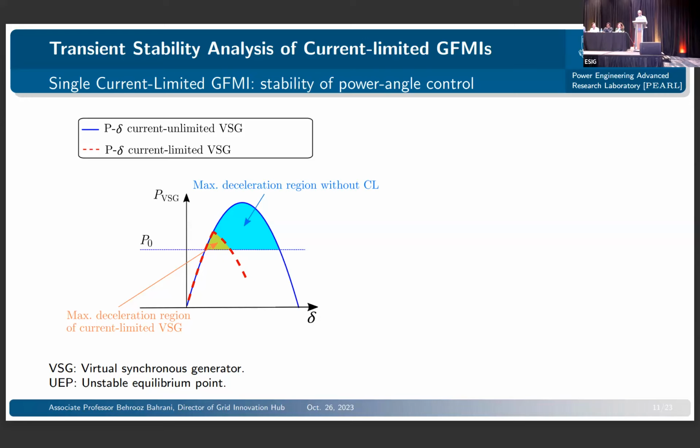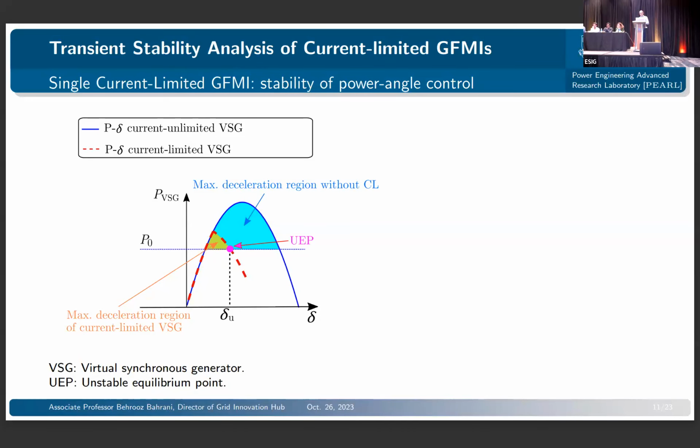And the dashed red one is essentially the evolution of your angle when you're subject to a fault and you have engaged your current limiter. Where the dashed curve is coming down, that's where the current limiter has been engaged. And you can see that the maximum deceleration region of this current limited VSG is much smaller, meaning that it can become unstable much quicker than a non-current-limited VSG.